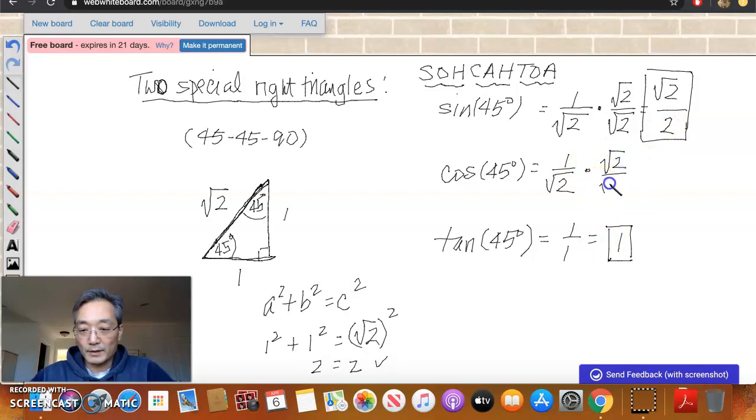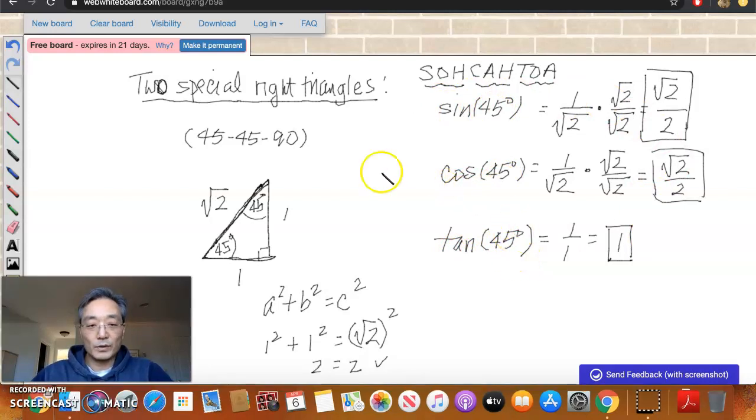Again, when we multiply the top and the bottom by radical 2, we get radical 2 over 2. So these are our first 3 values, okay, for sine of 45, cosine of 45, and tangent of 45. Okay? Now, we're going to look at the other special right triangle here. Okay? I'm going to clear this board.